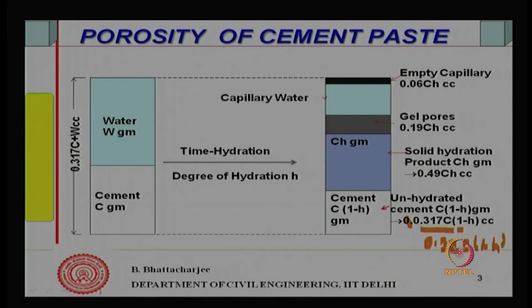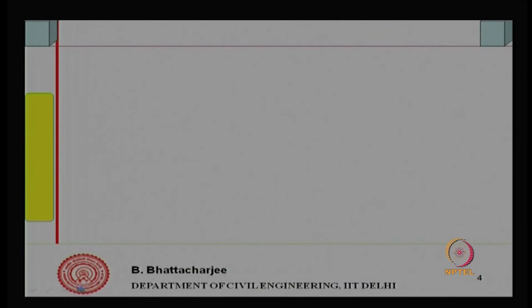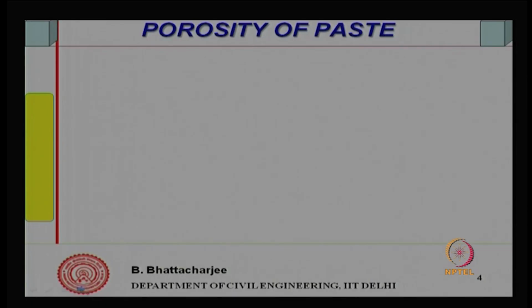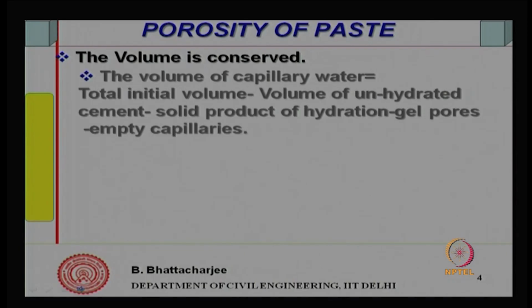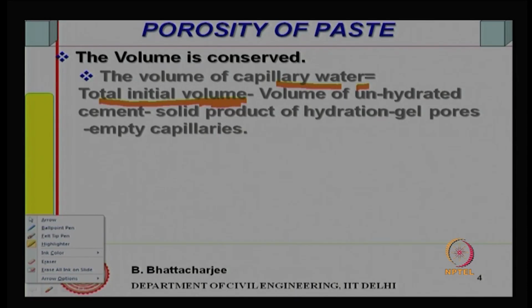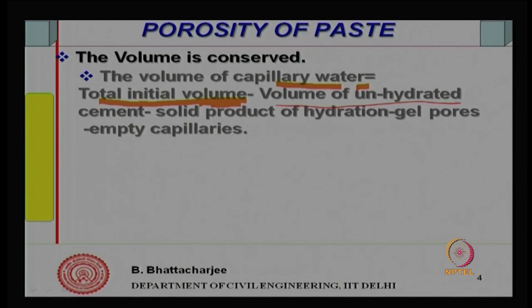So, these two volumes are conserved, and on this basis you can calculate the volume of capillaries. Because the total volume is conserved, the volume of capillary water is calculated as total initial volume minus volume of unhydrated cement, minus solid product of hydration, minus gel pores and empty capillaries.